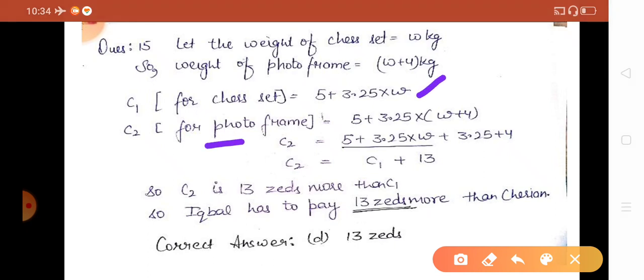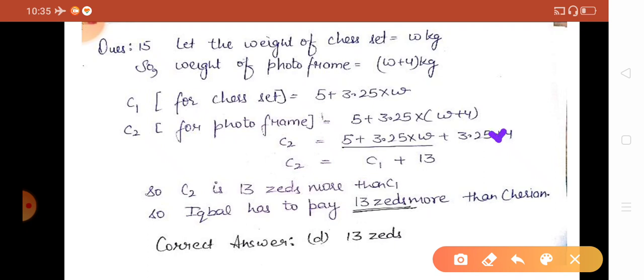Now for the photo frame, the cost is C2, and the value is 5 plus 3.25 multiplied by W plus 4. Here we will use the distributive law. First we multiply 3.25 with W and then 3.25 with 4. So 5 plus 3.25 multiplied by W plus 3.25 multiplied by 4.